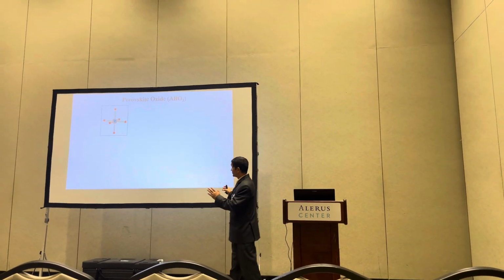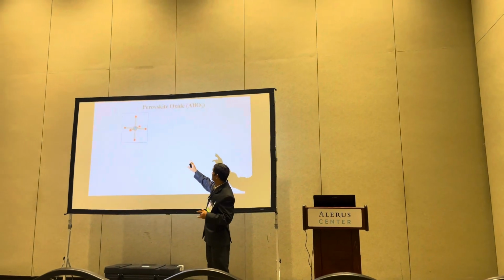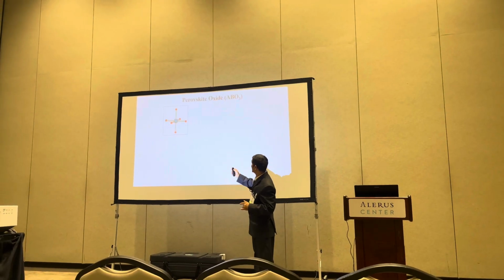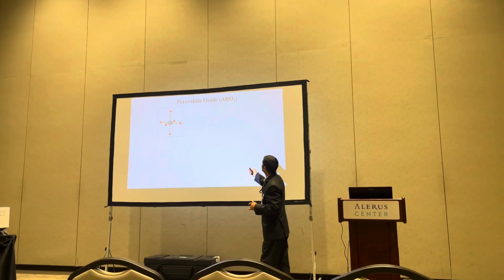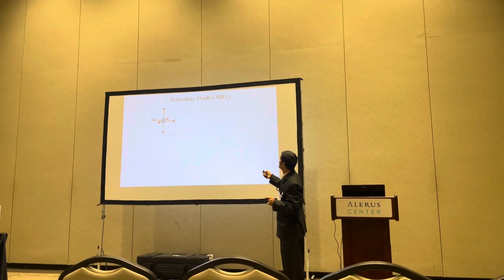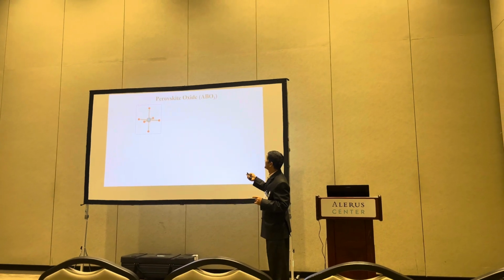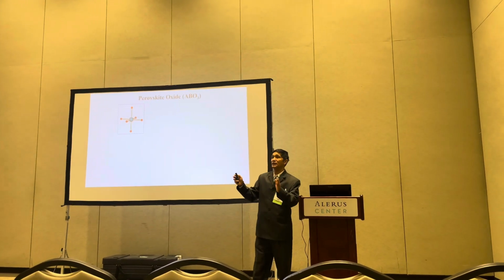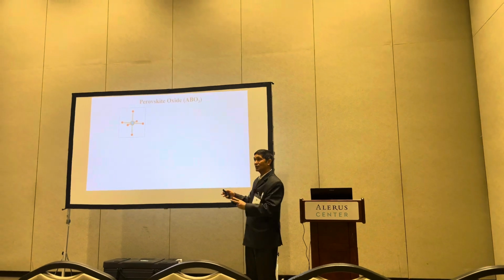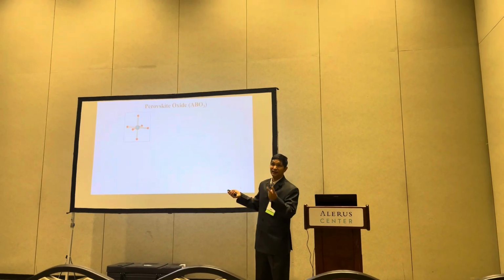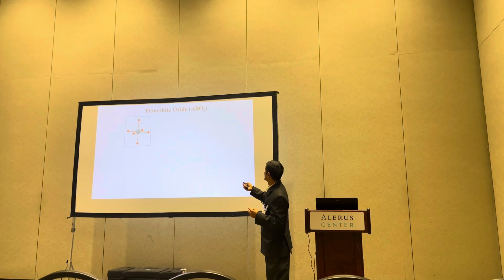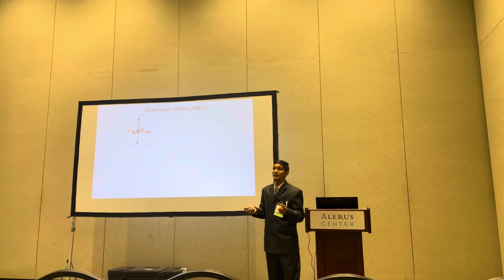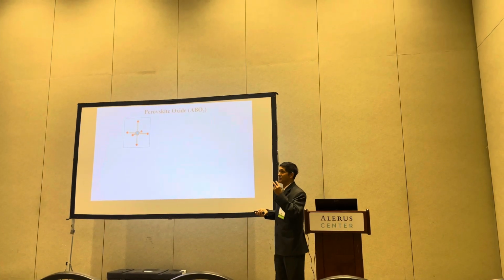To understand this one, let us think about the ball and stick model. This perovskite has the general formula in chemistry ABO3, where A, if you know the periodic table, is from the second group, an alkaline earth metal such as calcium, strontium, or barium, and B is a transition metal such as iron, cobalt, or manganese.